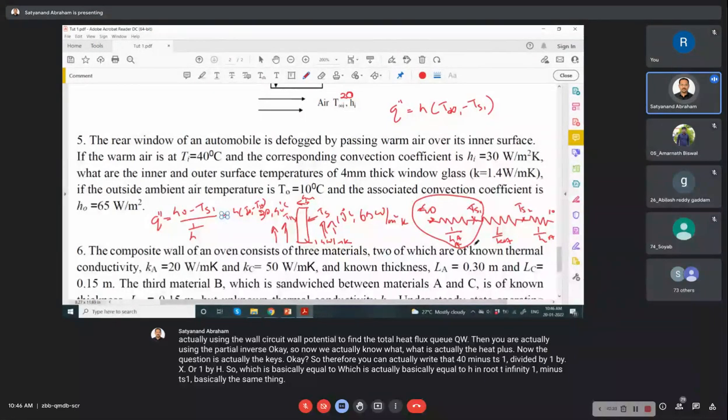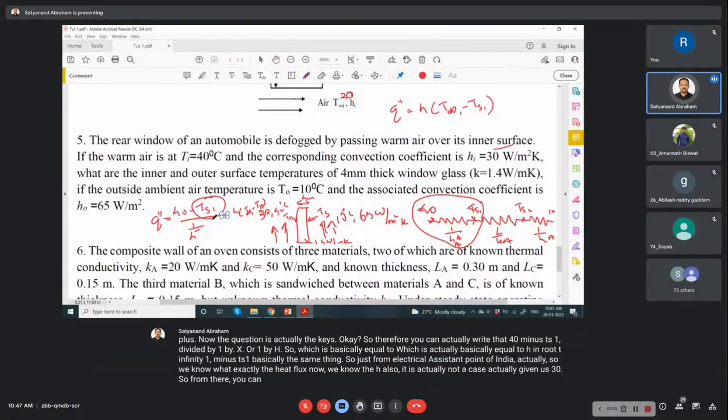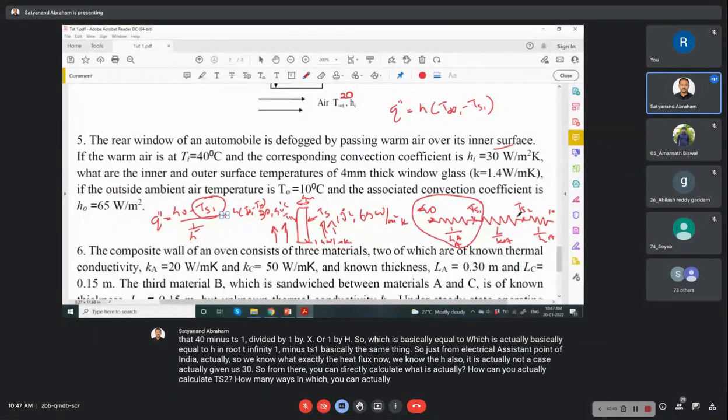Just from the electrical resistance point of view, we know the heat flux now, and we know h also. h is given as 30. So from there you can directly calculate Ts2. How many ways can we calculate Ts2? Just tell me.